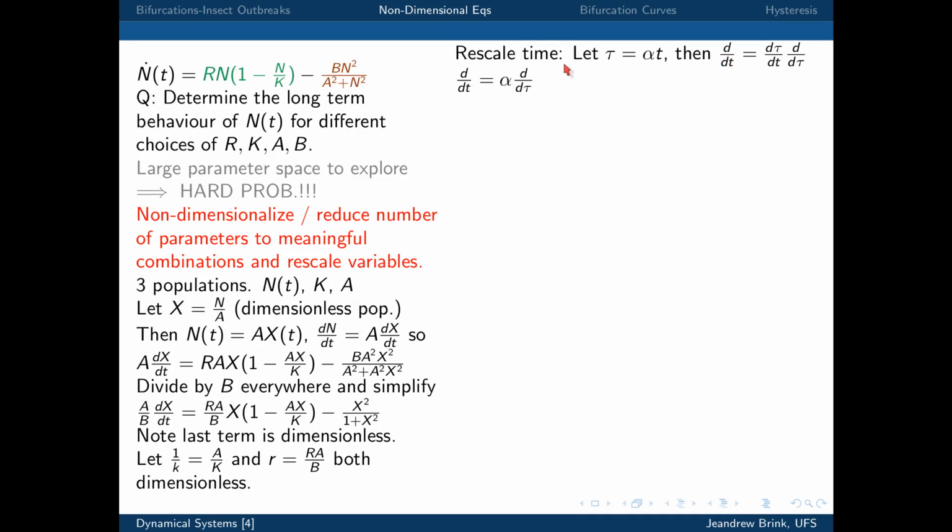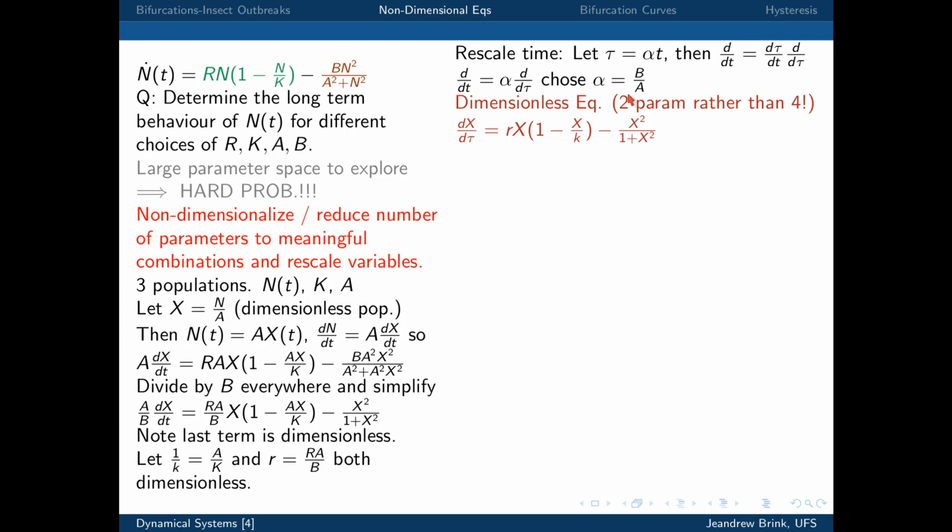So d/dt is equal to alpha times d/d tau, and if I choose alpha to be b over a, then I can simplify this even further, so that (a over b) times d/dt is just equal to d/d tau.